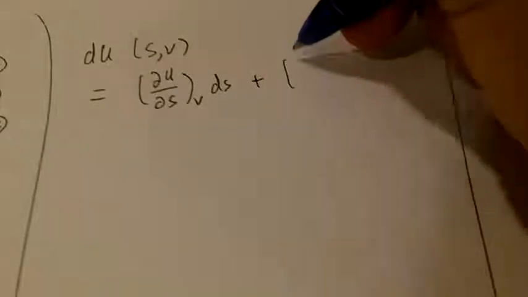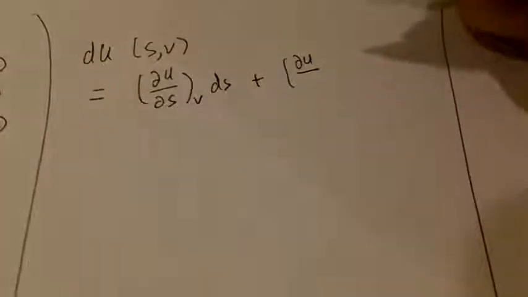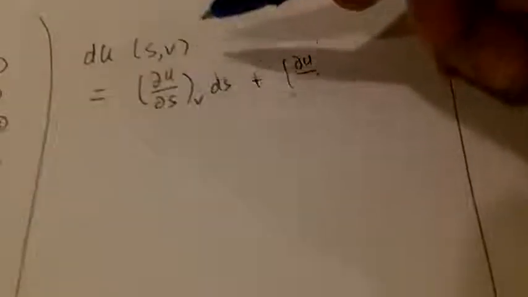Now we want to decompose these into their derivatives. So we have internal energy in terms of entropy and volume.